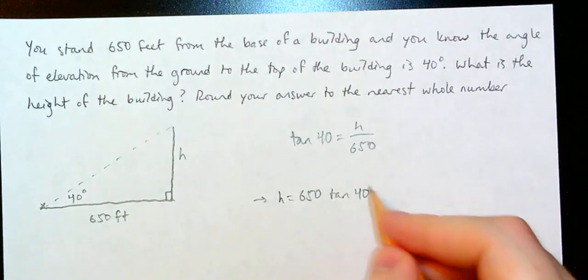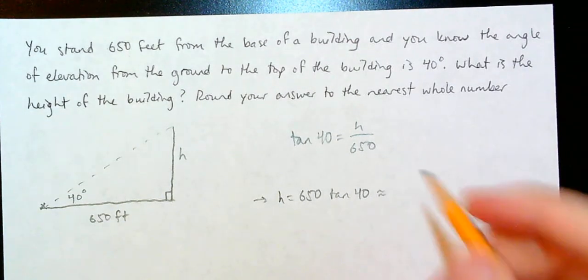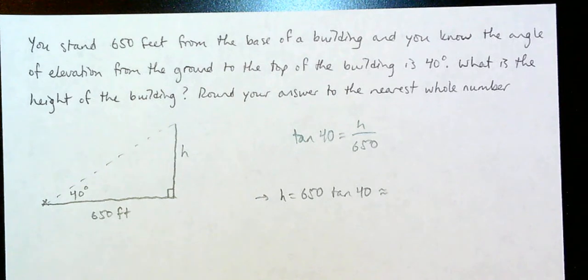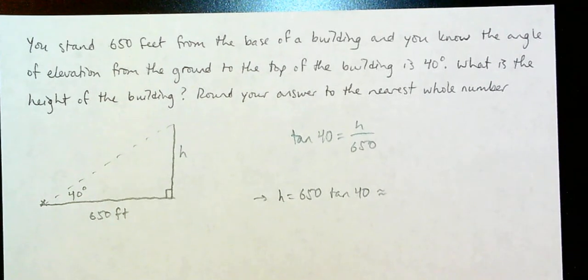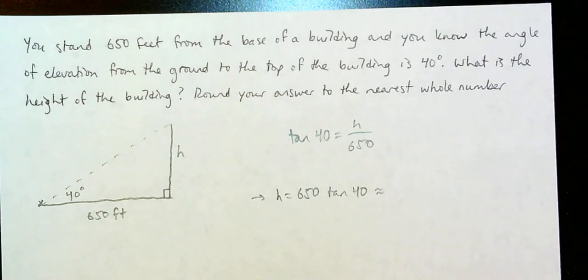So if you pull out your calculator and make sure that it is in the proper mode, our angle is given in degrees, so you want to be sure that it's in that mode. If you do the tangent of 40, you get 0.839099 and then some places afterwards.